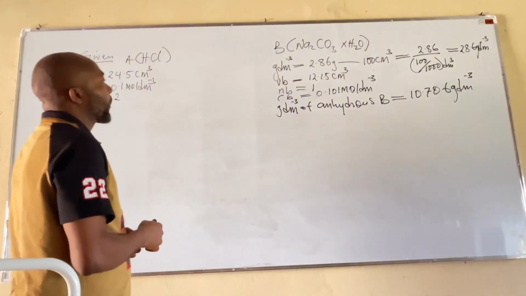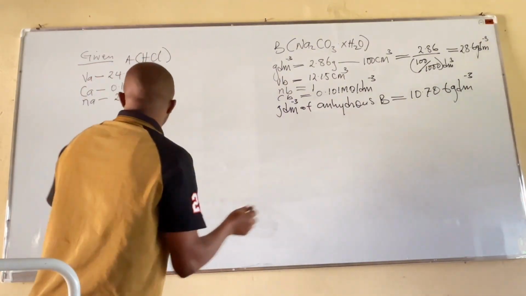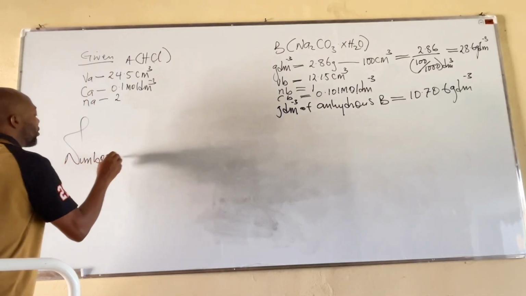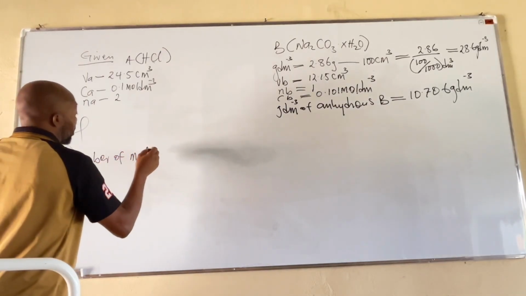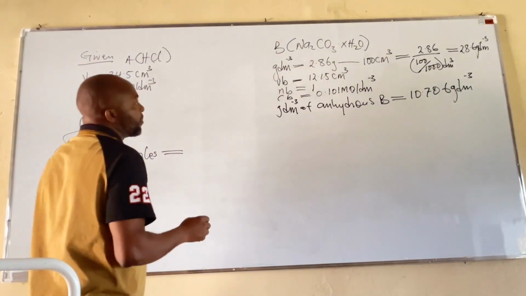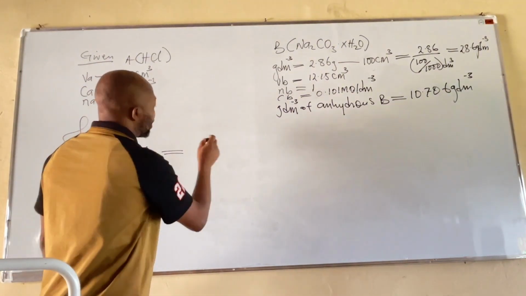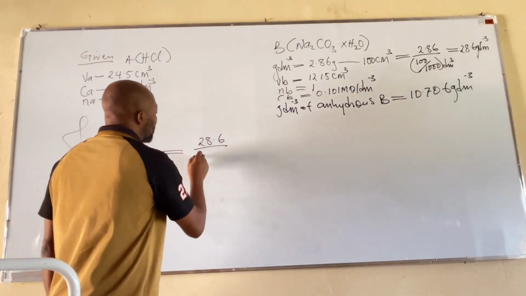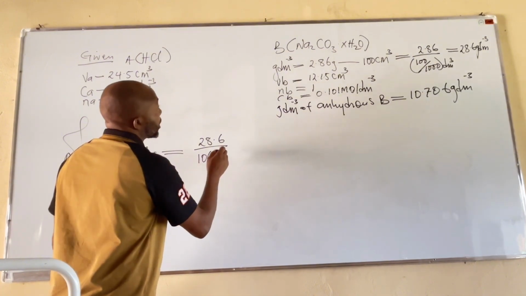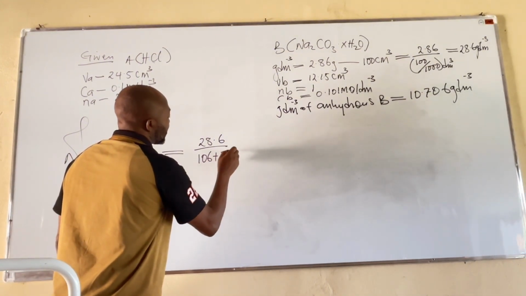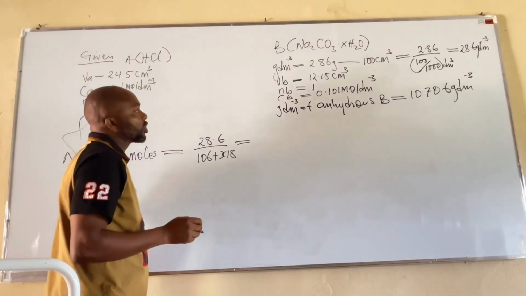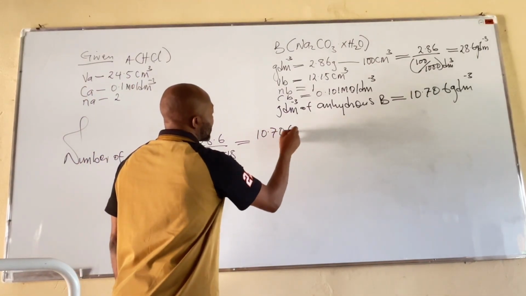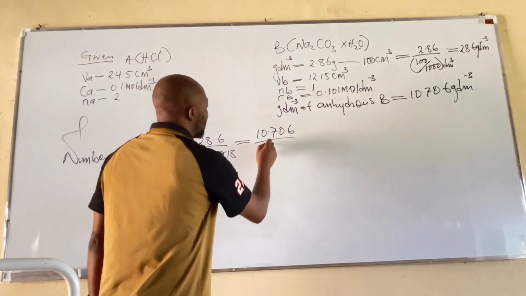So now, how then do we proceed? We say number of moles of water of crystallization. It will become the mass concentration of the hydrated, which is 28.6, over the relative molecular mass of the hydrated, which is 106 plus X times 18, equals the mass concentration of the anhydrous, which is 10.706, over the relative molecular mass, which is 106.